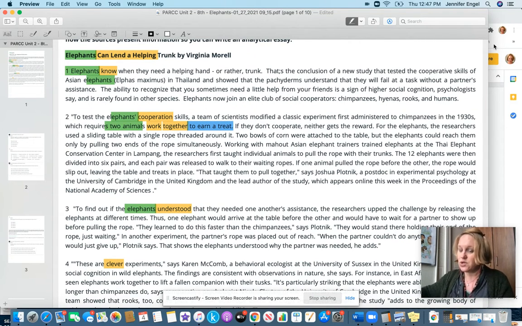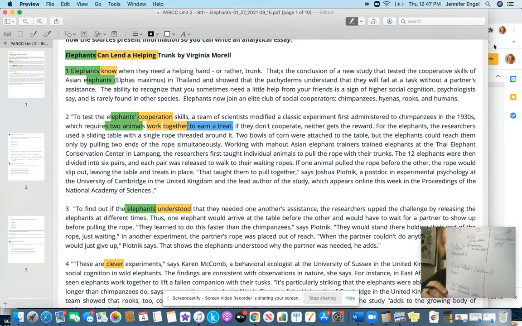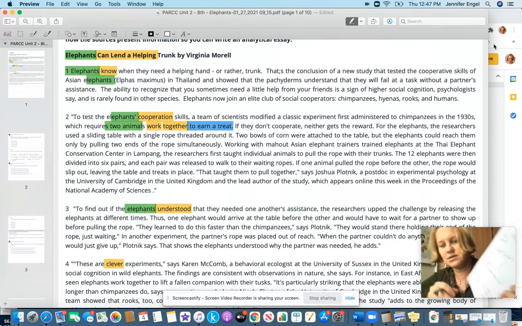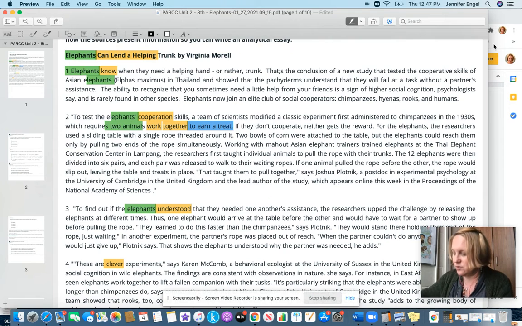Okay. So what I might put on here is elephants know how to work together. How to work together. And then again, just by looking at some of that word there, to do what? To earn a treat.